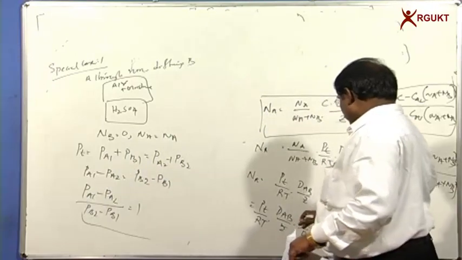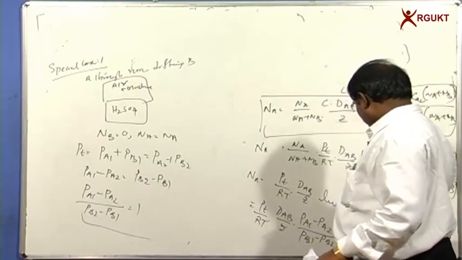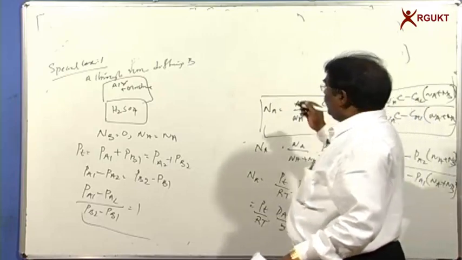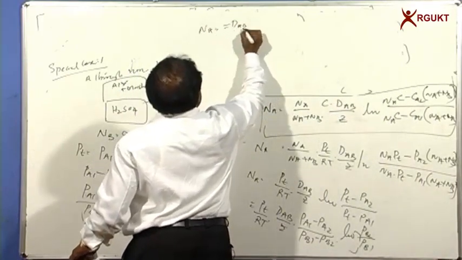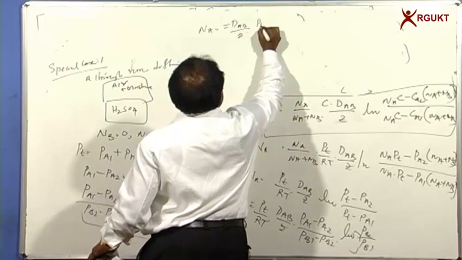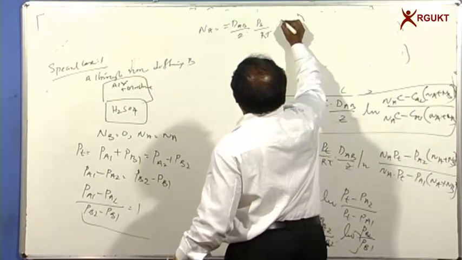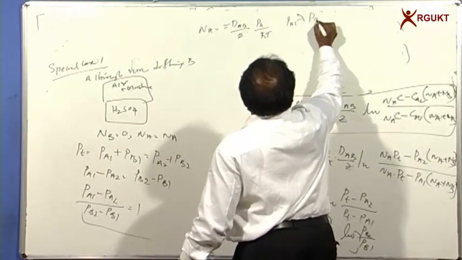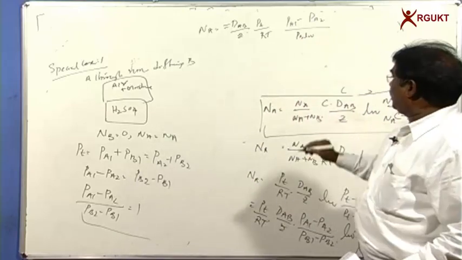Now if you look at this, it is called Na is equal to DAB by Z into Pt by Rt into Pa1 minus Pa2 divided by PB ln, where PB ln is the logarithmic pressure difference.